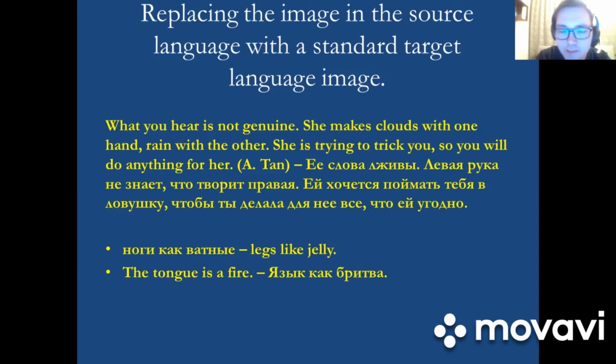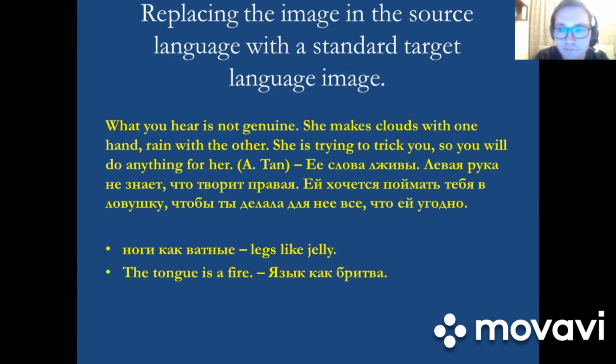So here you can see that two different images are used. In Russian, we use the word vata, right? And in English, we use the word jelly. Even though the expressions have different images, they still have the same meaning.